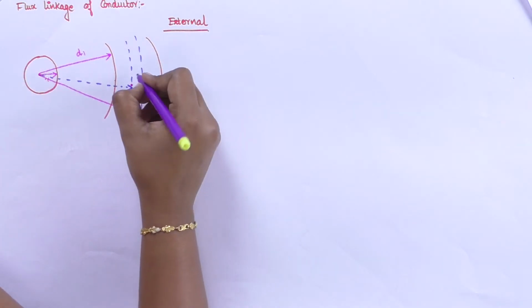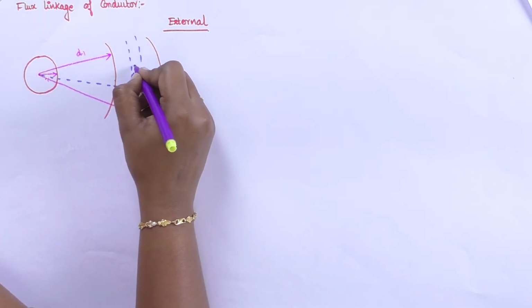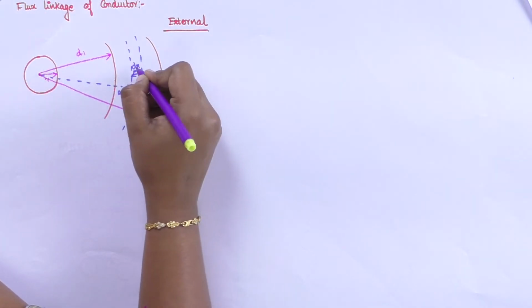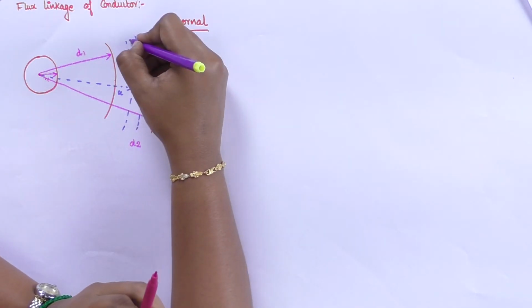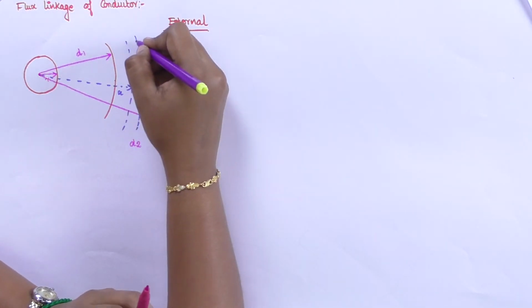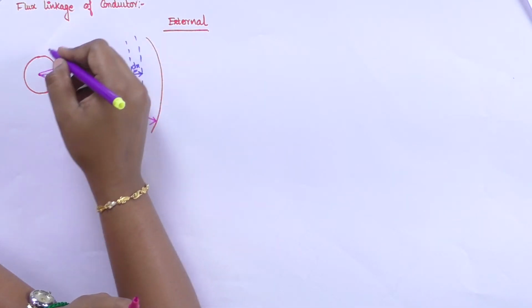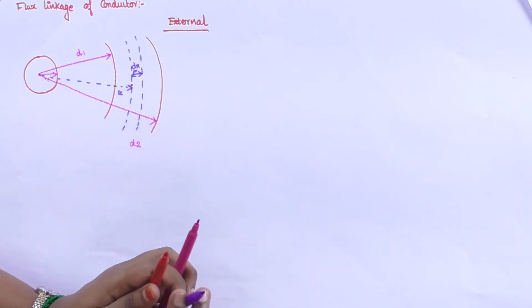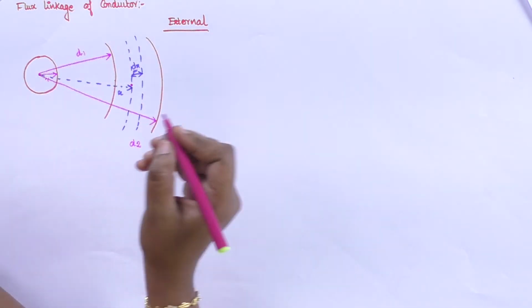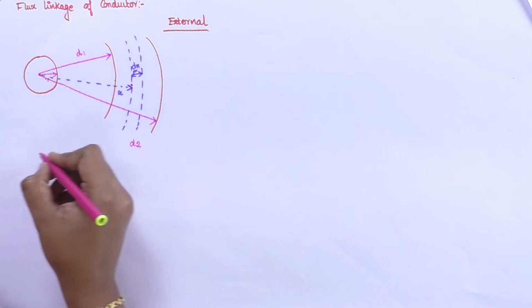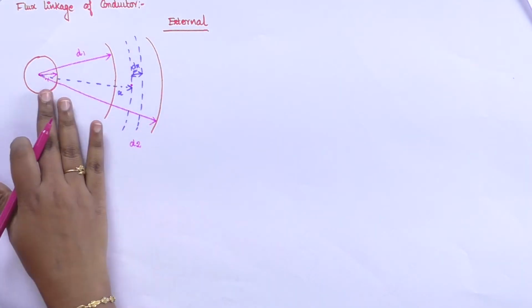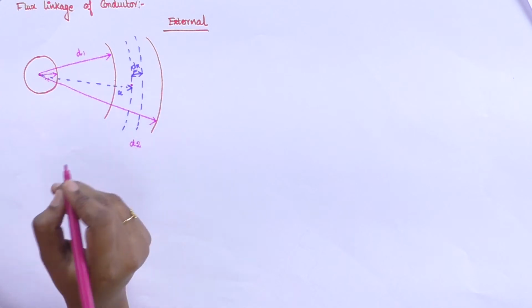From x, with a thickness of dx, I am taking a particular region. So how does the flux within this region affect the flux linkage with the conductor? As usual, the first step we did in the internal region was the calculation of the current. Here there is no need of calculation because the current will be the same.